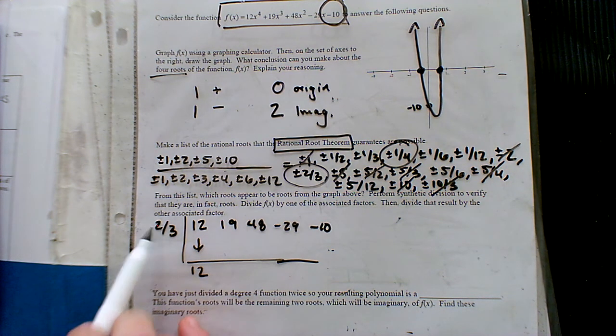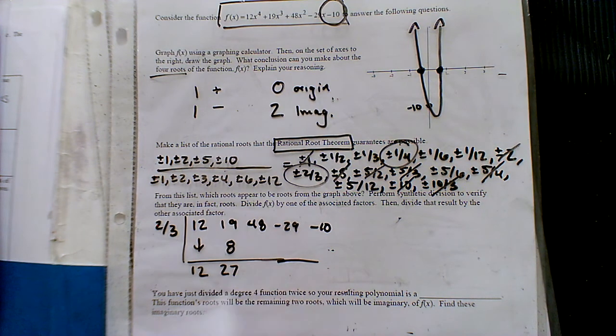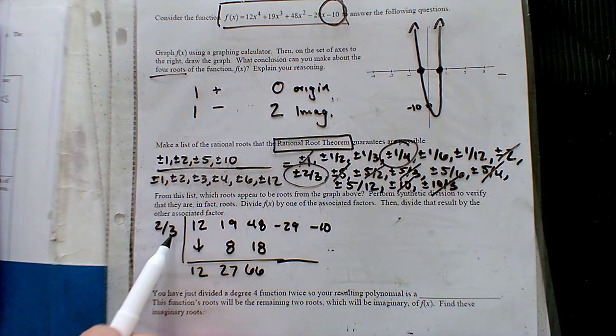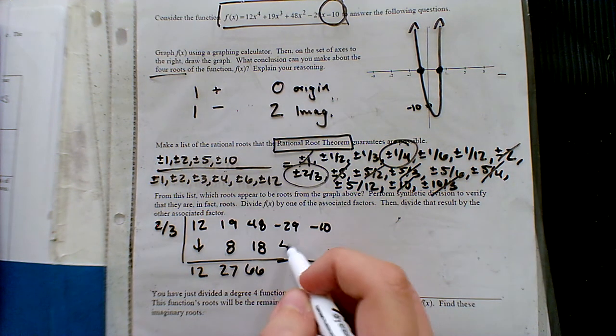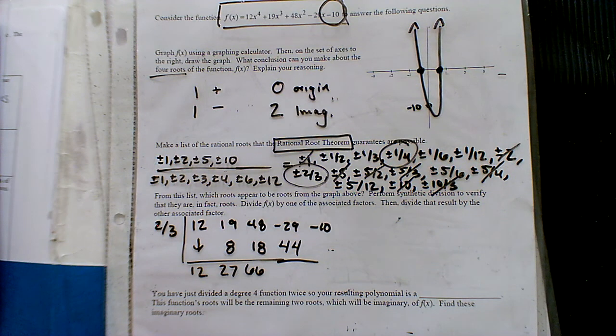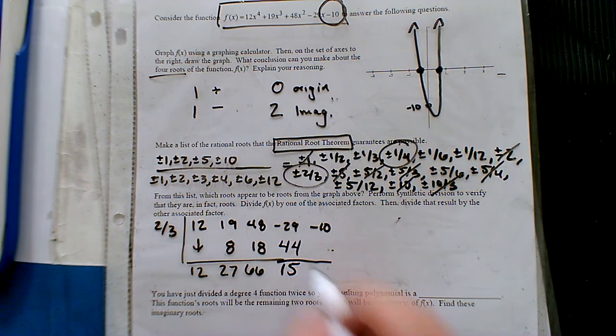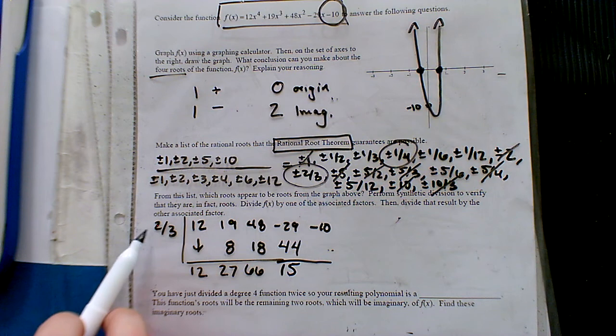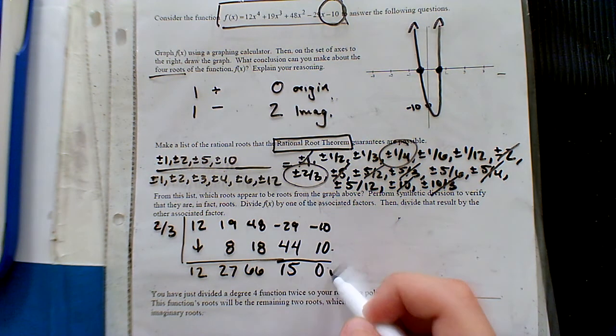12 divided by 3 is 4, times 2 is 8. 27 divided by 3 is 9, times 2, 18. 66 divided by 3, 22, times 2, 44. 15 divided by 3, 5, times 2, 10.